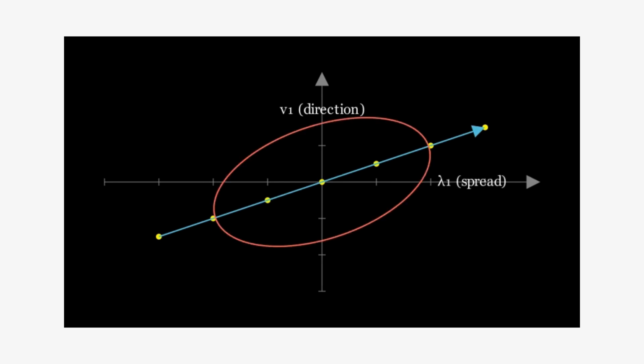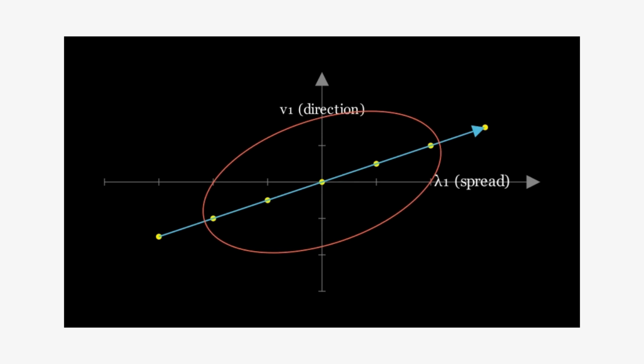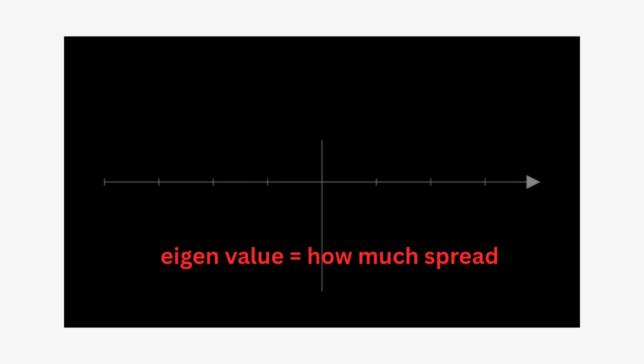To tell it again, eigenvectors tell us the direction to rotate, whereas eigenvalues tell us how much in that direction, how long it is in that direction.